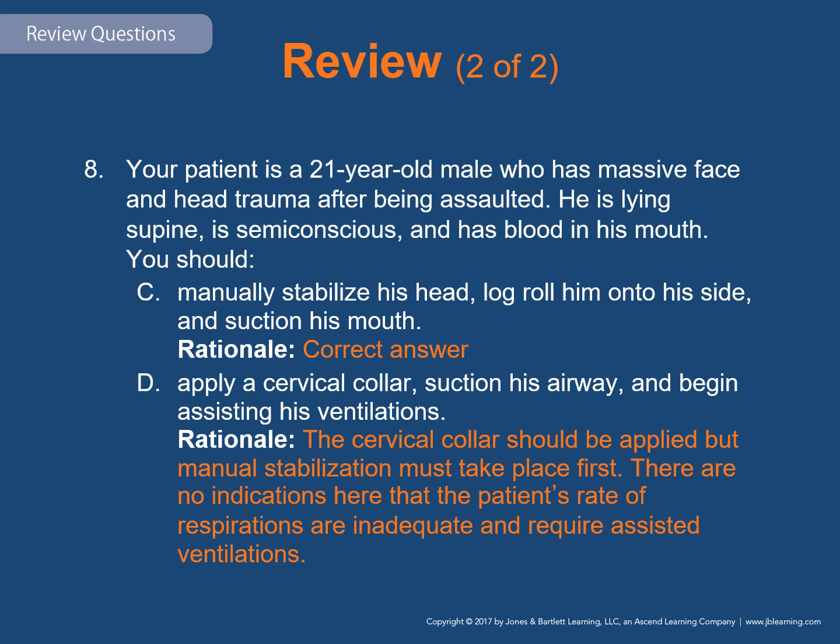This is incorrect, and the rationale behind why this is incorrect is because the cervical collar should be applied, but manual stabilization must take place first. There are no indications here that the patient's rate of respirations are inadequate and require assisted ventilations. If that was the case, it would have been included in your scenario. Just a tip for test taking.